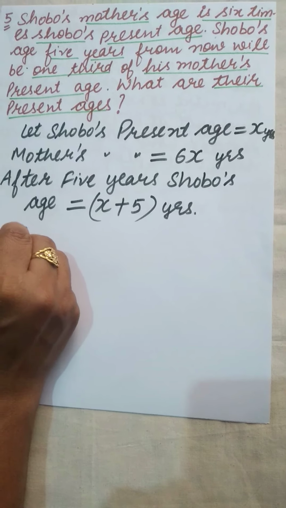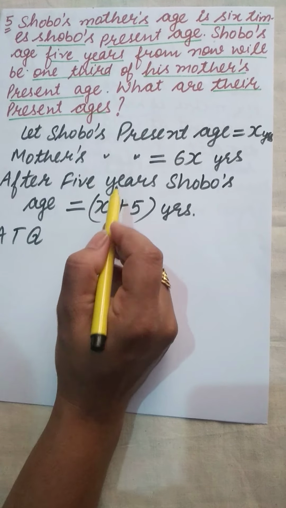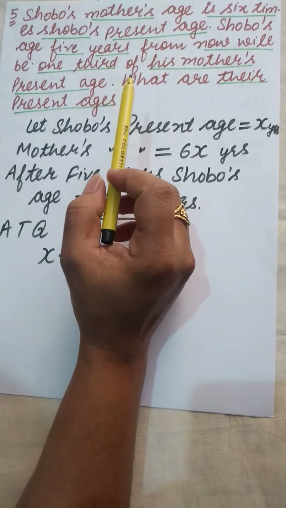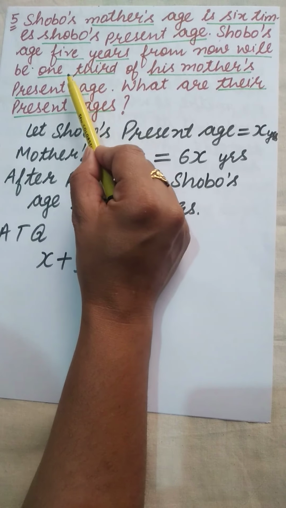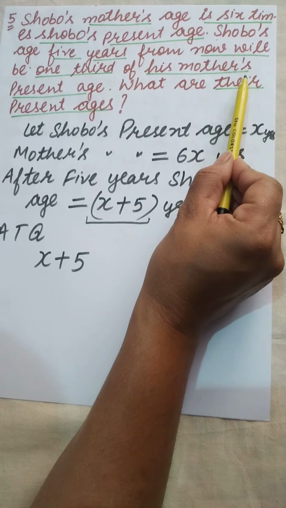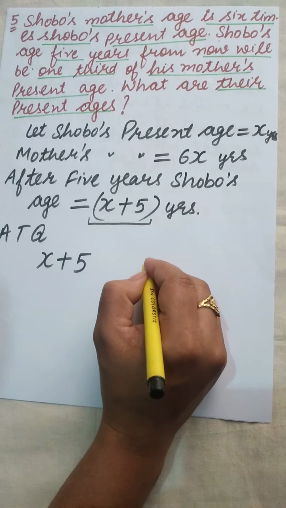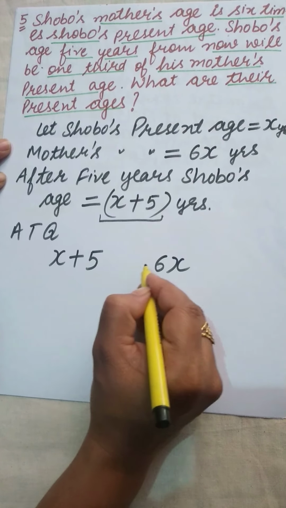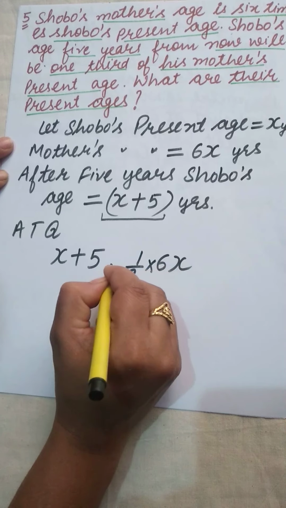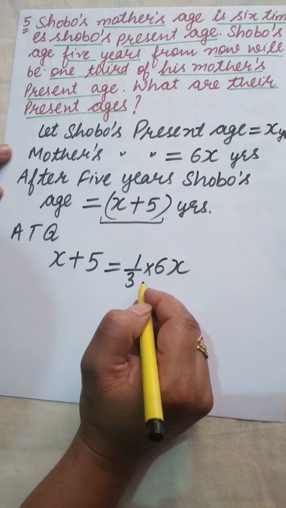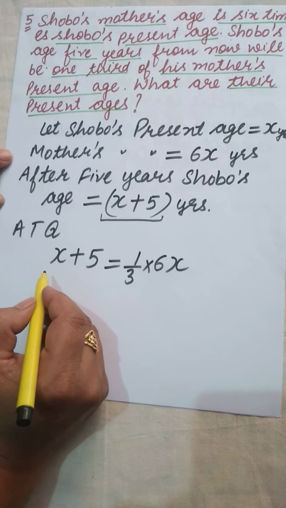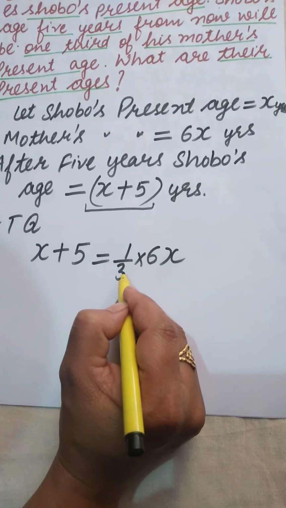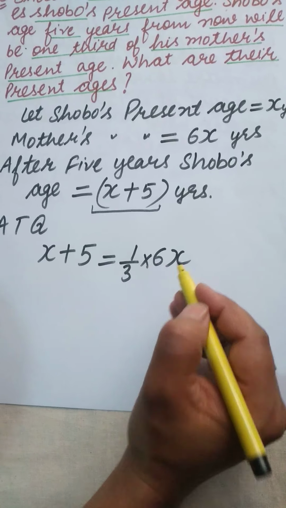Now according to the question, after 5 years Shobho's age is x plus 5. It will be 1/3 of his mother's present age, and mother's present age is 6x. So we can say that Shobho's age after 5 years, that is x plus 5, will be equal to 1/3 of 6x.